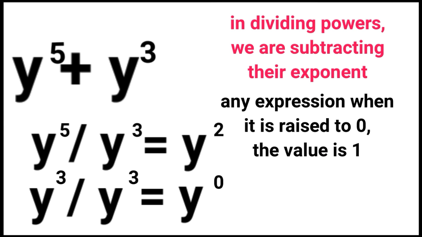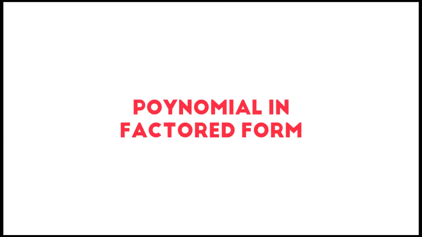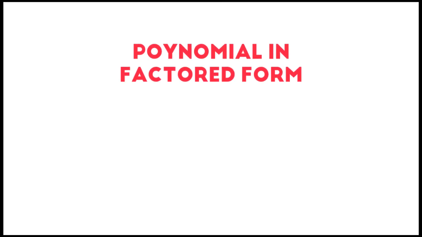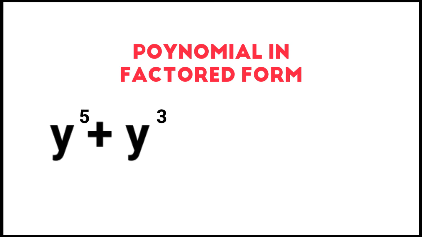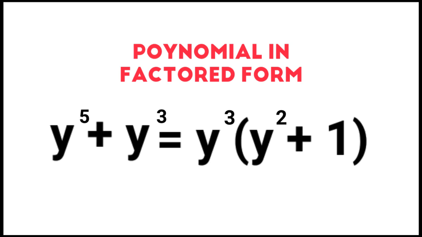An expression, when it is raised to 0, the value is 1. To express now the polynomial in factored form, we have y to the fifth plus y cubed equals y cubed times the quantity y squared plus 1.